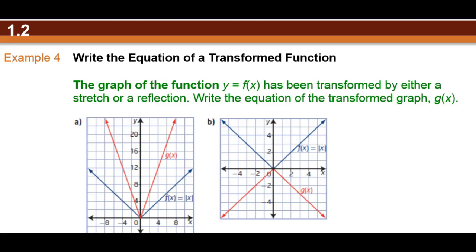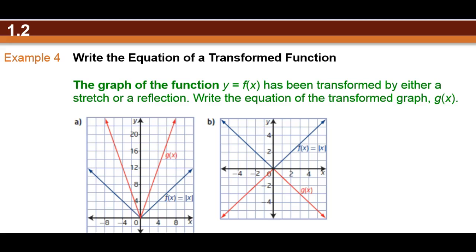If we look at this graph here, is this a stretch or a reflection? Reflection. Who is the mirror in this, the x-axis or the y-axis? The x-axis is acting as a mirror, so that means our y values are the ones that should be changing, right?